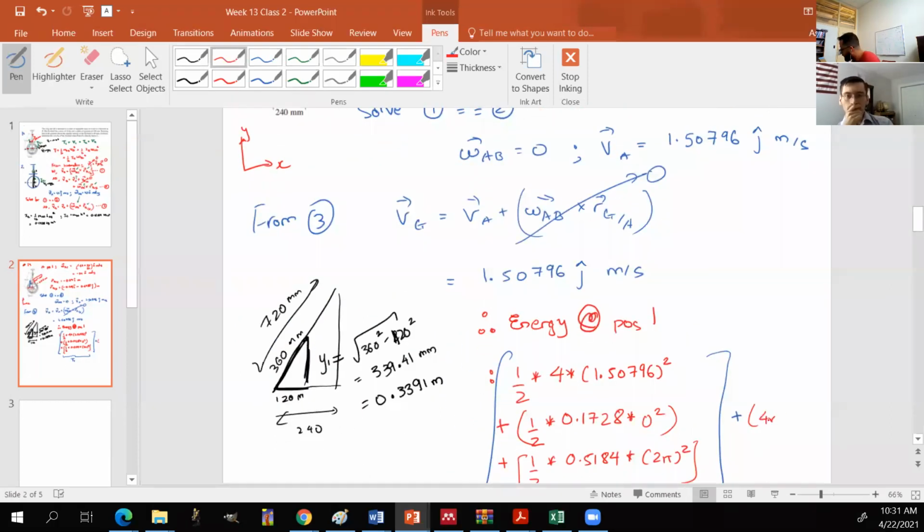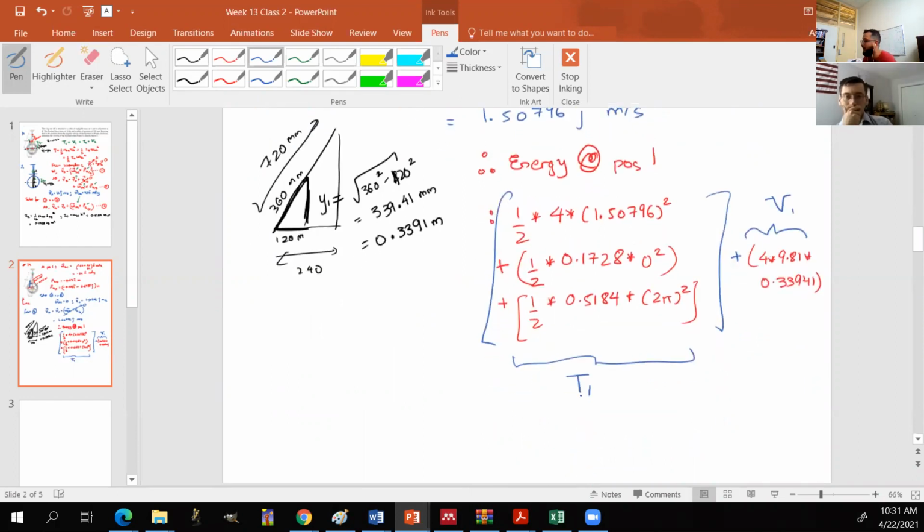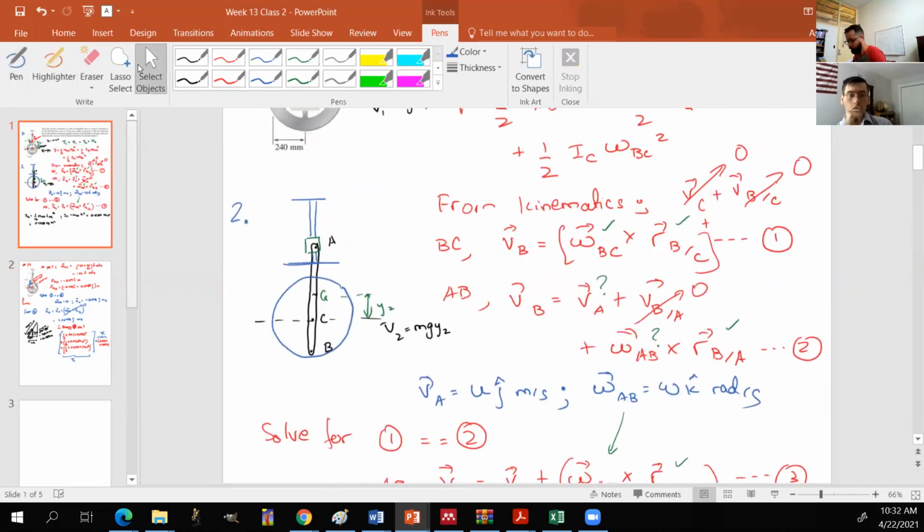That's 4 times 9.81 times 0.33941 meters. This term here is equal to V1. So here you'll get one number for the left-hand side of your energy equation, and that's it. You are done for that side. Next, we have to do the same thing for position 2.